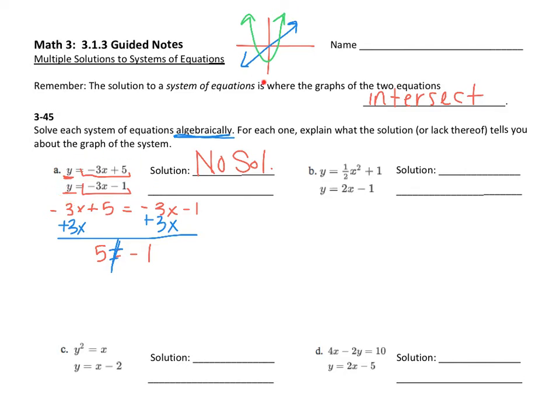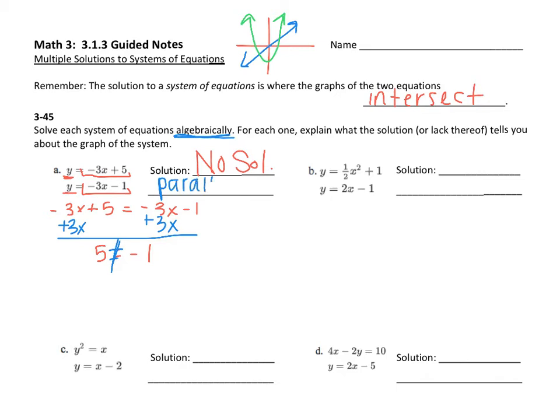Well, if we think back, a system has its solution where the two graphs intersect, and if there's no solution, then there is no intersection between those two graphs. So since these are both lines and there's no intersection, the only possible way two lines never intersect is if our two lines are parallel. So these are parallel lines.